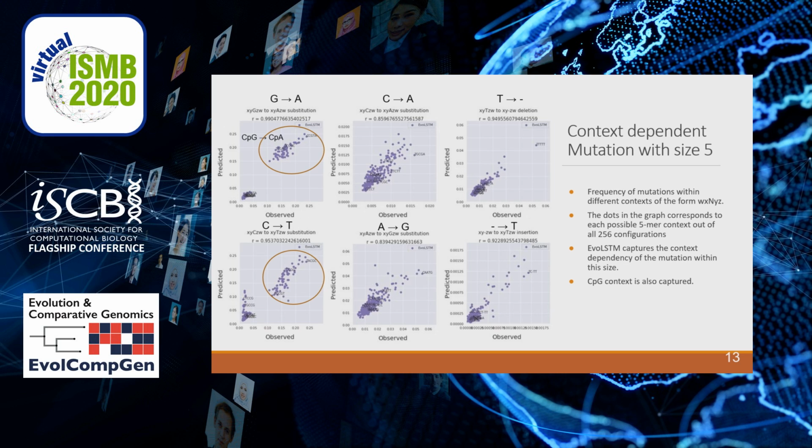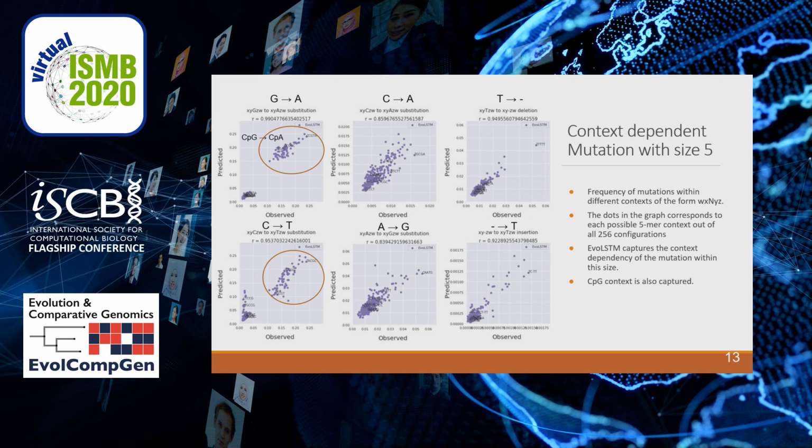The dots in the graph correspond to the 256 possible 5-mer contexts. We can observe that the Pearson correlation coefficient is high, ranging from 0.83 to 0.99, showing that EvolSTM efficiently captures the context dependency of size 5.